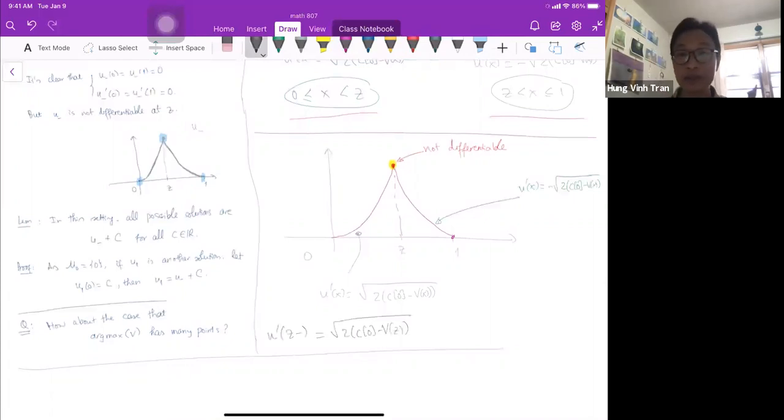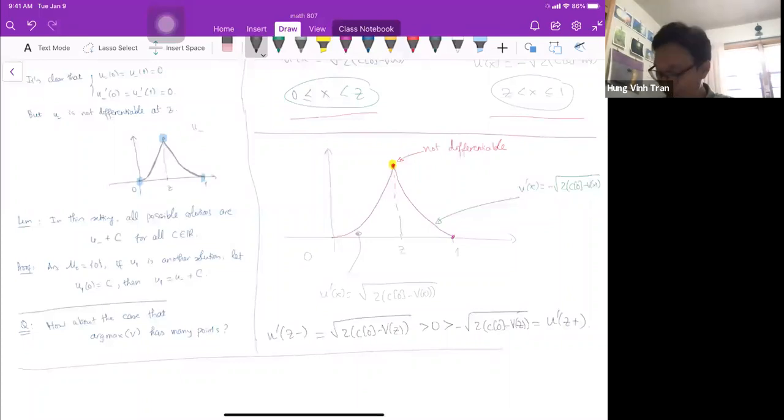Remember that v of z is less than c naught, so this is a positive value, right? So it's greater than 0, greater than minus root of 2 times c naught minus v of z, which is u prime of z plus, right? So clearly the function is not differentiable at that point.